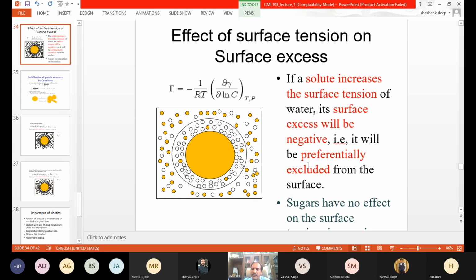This is called preferentially excluded. Generally, if it is preferentially bound, that state will get stabilized. In simple terms, just remember that if you bind something to a reactant or product, it will be stabilized.